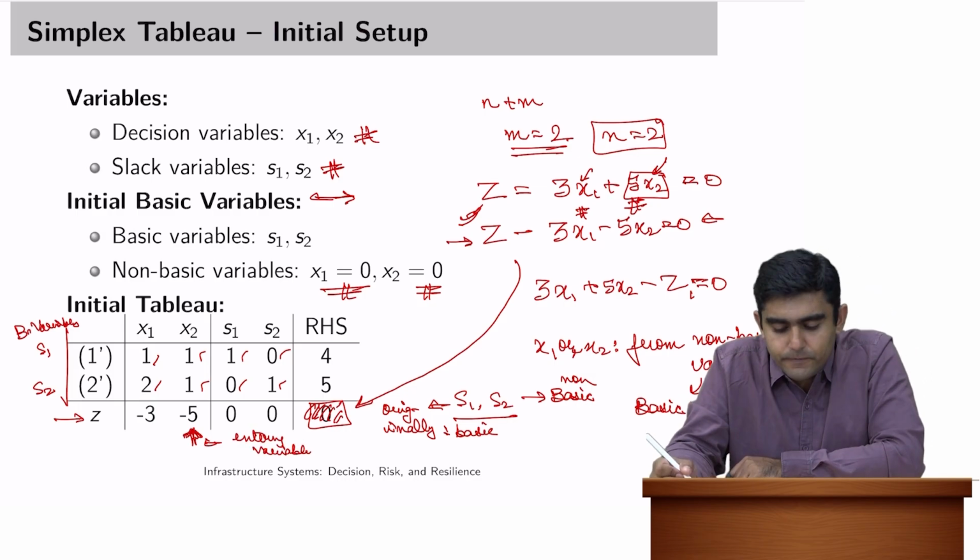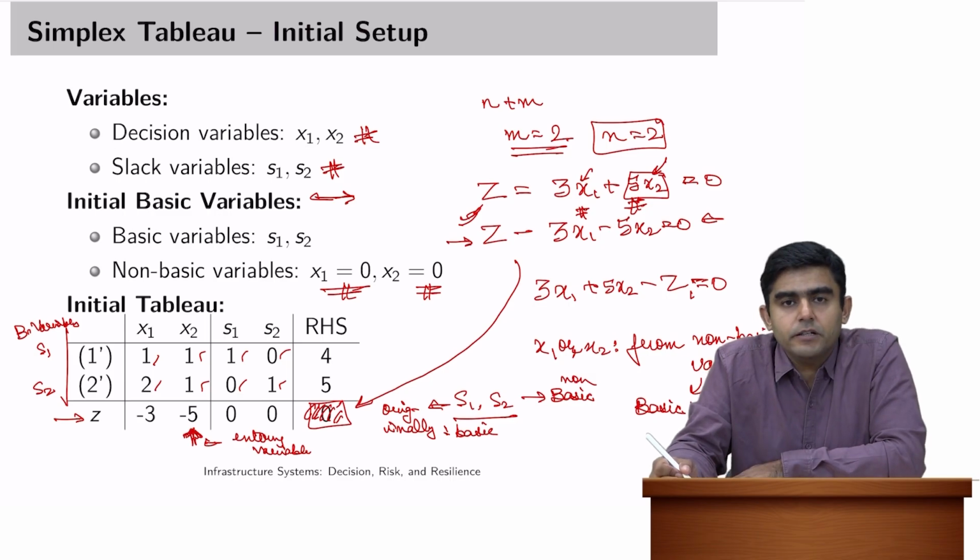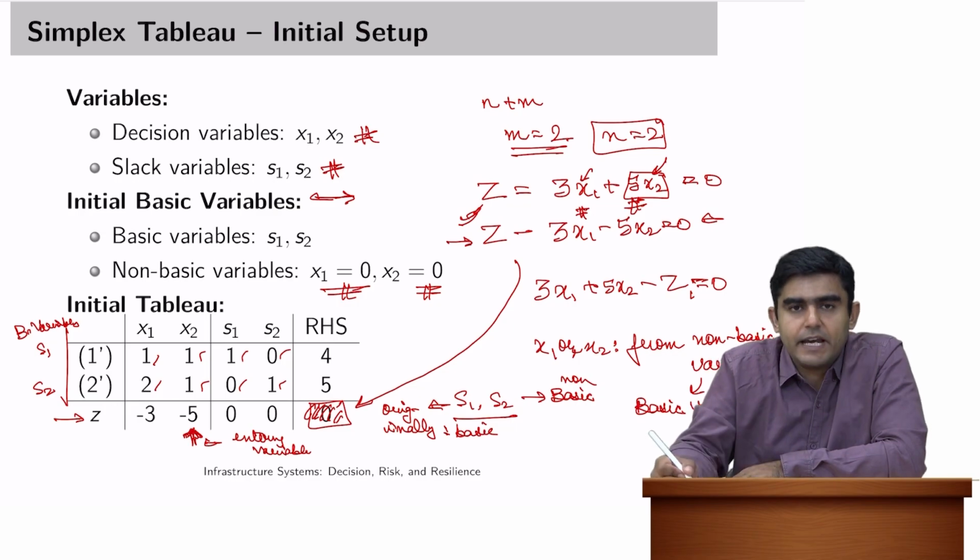Now, who should leave? That variable that would hit 0 first, as I increase my objective function value by increasing x2.